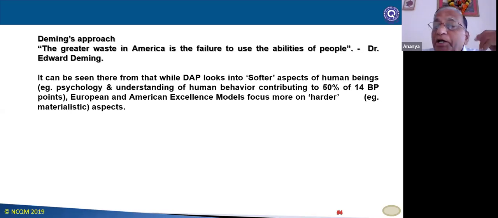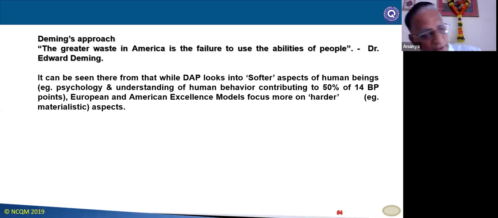You need to do a great amount of work, and the Japanese will make your life miserable because they will not just listen to anything. The Deming prize is the epitome, the highest award any company can think about. Whereas business excellence, EFQM, if you do it, it is possible.